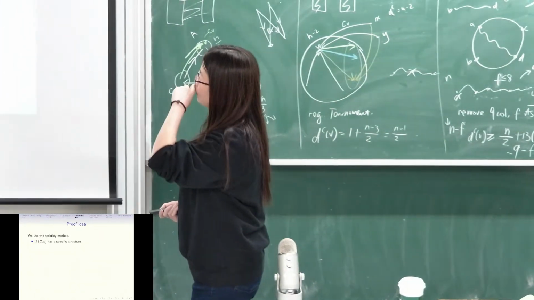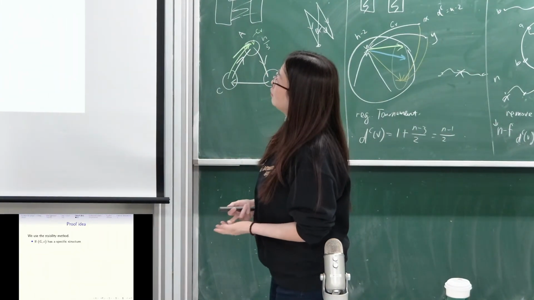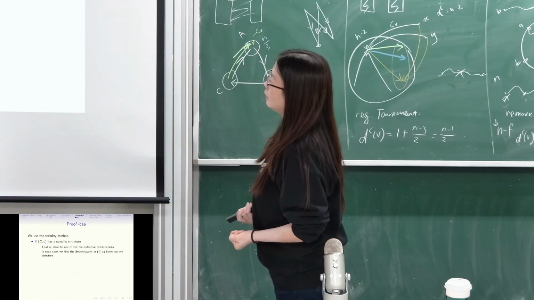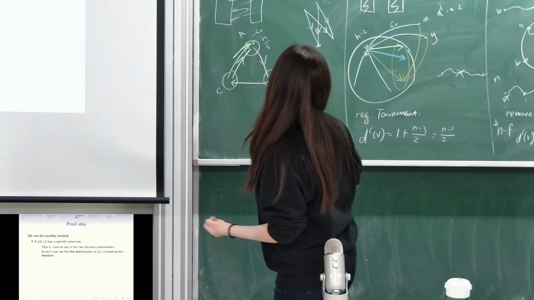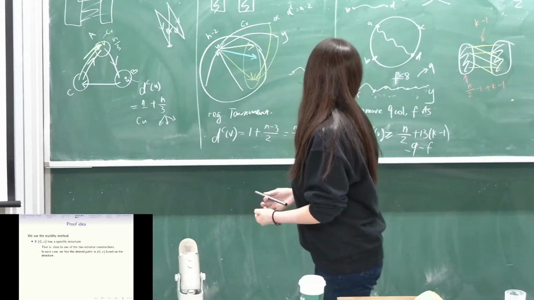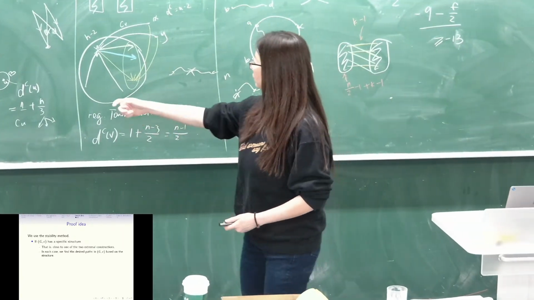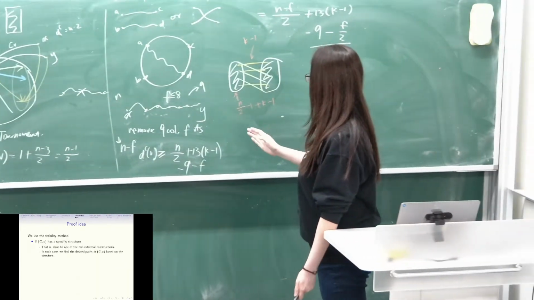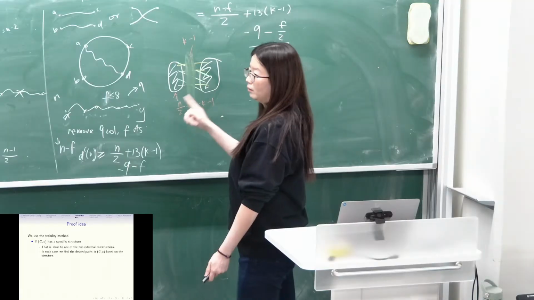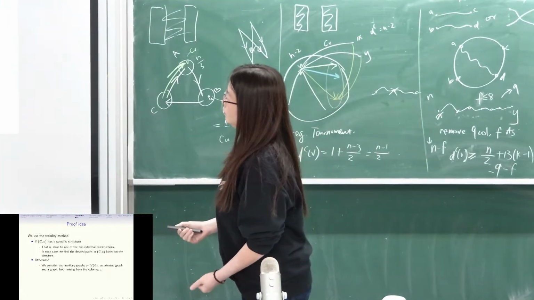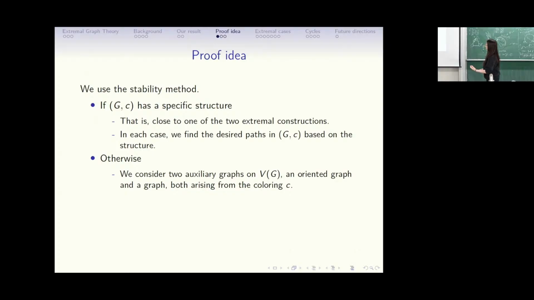Right. So, roughly speaking, we use the stability method for the proof, and if the graph is close to one of the extremal structures, actually one extremal structure is this regular tournament, another extremal structure is just two connected components, then we can find such a path based on the structure.